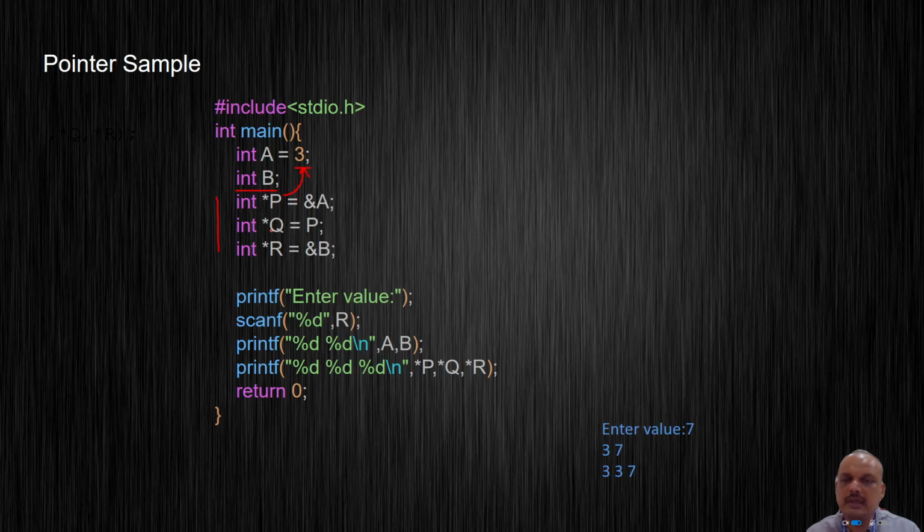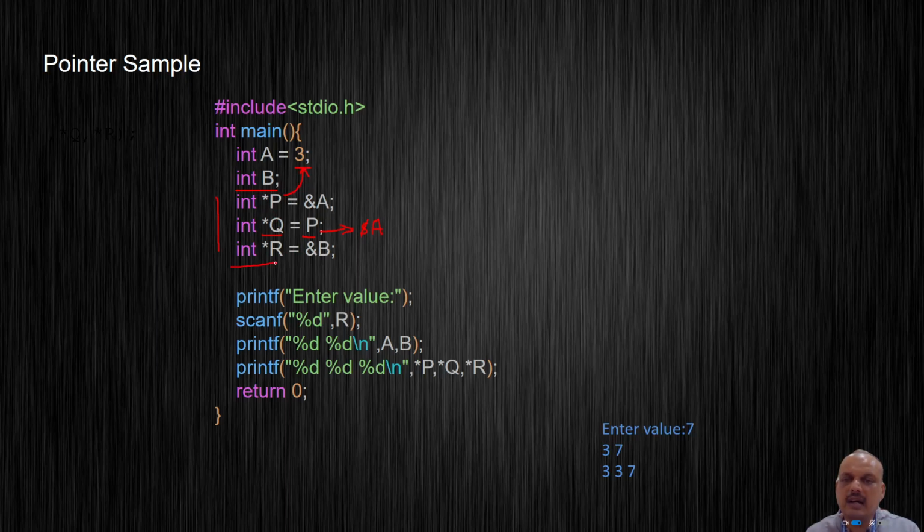Q is the same as p, so the value at q is the same as the value at p. So what is the value at p? The value at p is the address of a. Now that address of a has been given to q, so this is as good as writing the address of a here once again. So both p and q point to the same variable which is a.